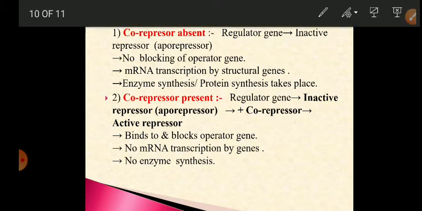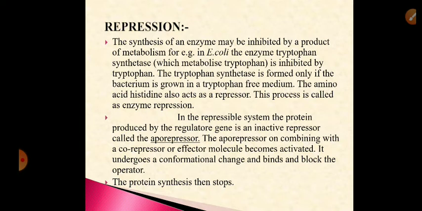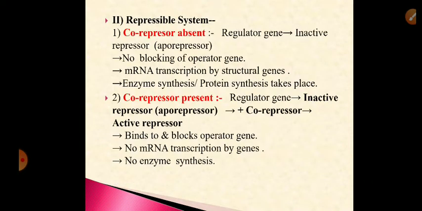What happens when a co-repressor is absent? Co-repressor is the effector molecule. So when co-repressor is absent, the regulator gene produces inactive repressor protein, that is aporepressor. Because the repressor is inactive, it cannot bind the operator gene. So it does not block the operator gene.